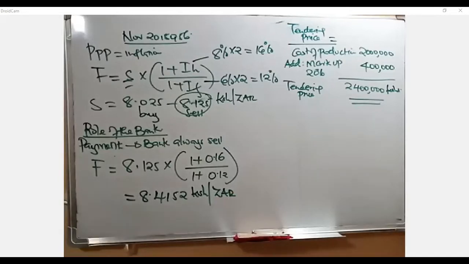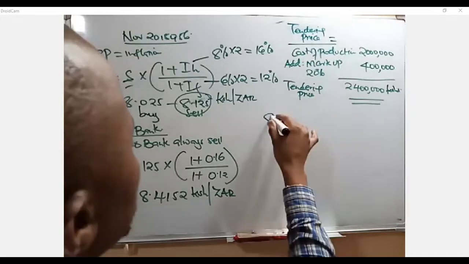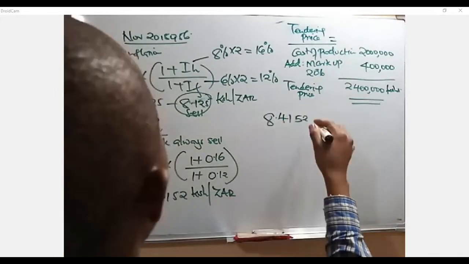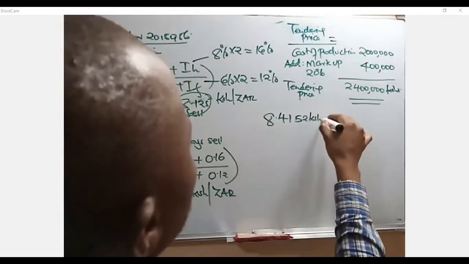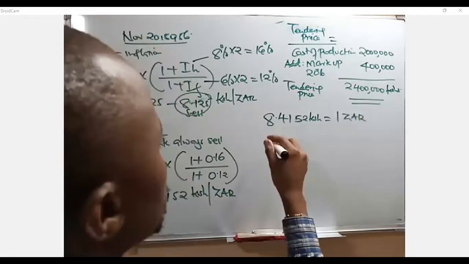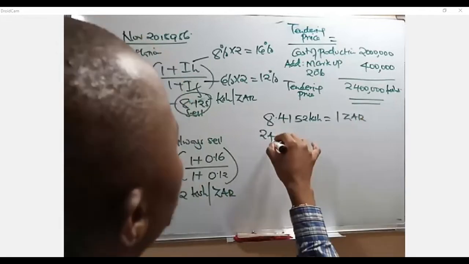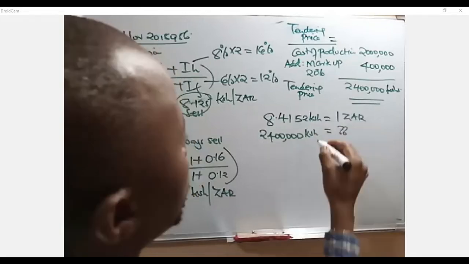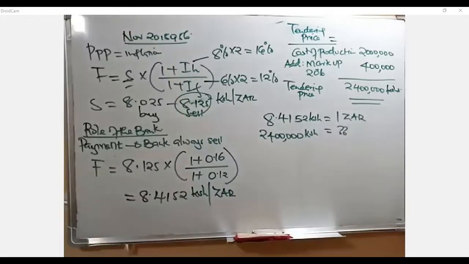So it means if you take 8.4152 Kenya shillings, we get 1 ZAR. You ask yourself, what about 2.4 million Kenya shillings? How much will that be?